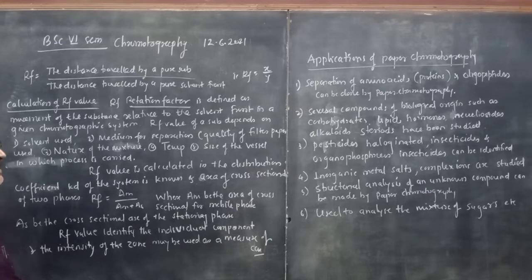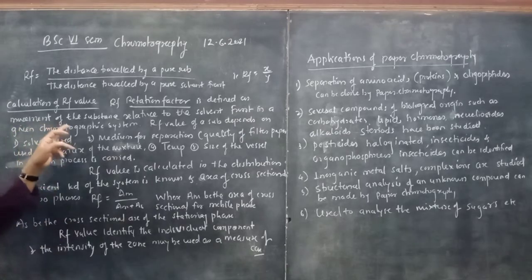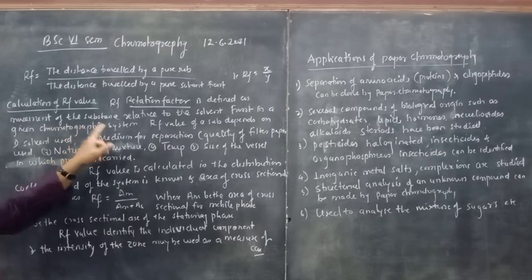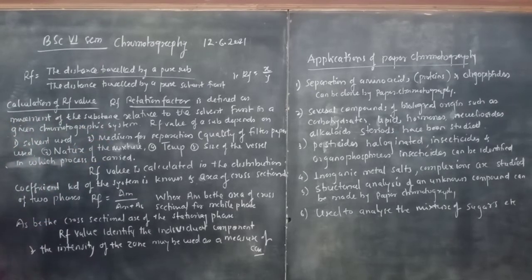They are immiscible with one another. The principle and technique behind paper chromatography were discussed in a previous class. Now we go for the calculation of the RF value, which is the movement of the substance relative to the solvent front in a given chromatographic system.